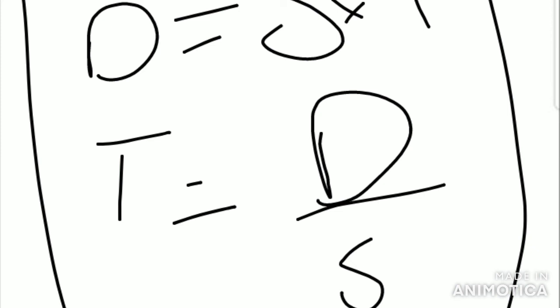Now the units of distance. Distance means an object covering some space in a particular place. The basic unit of time is second, and the larger unit of time is hour. For distance, the basic unit is meter, and the higher unit is kilometer.